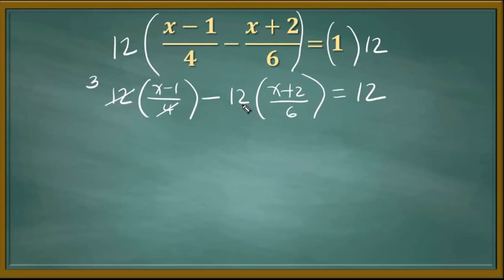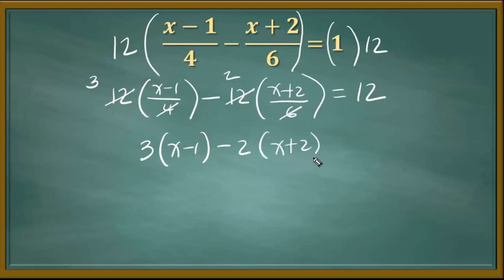And on this second term, you have 12 and 6. Now again, I can cancel out the common factor 6 to be left with 2. Isn't that the same thing that we did when we dealt with fractions? So once we do that, the left side now becomes 3 multiplied by the quantity x minus 1 minus 2 multiplied by the quantity x plus 2 equals 12.